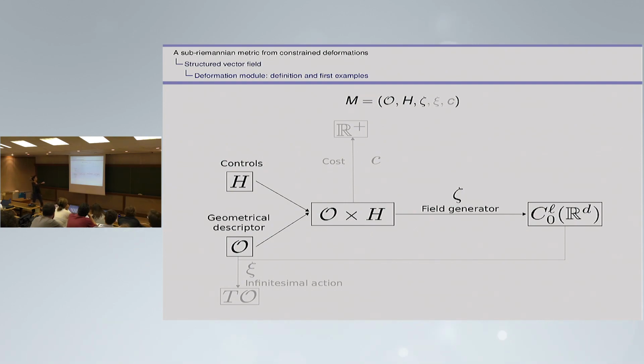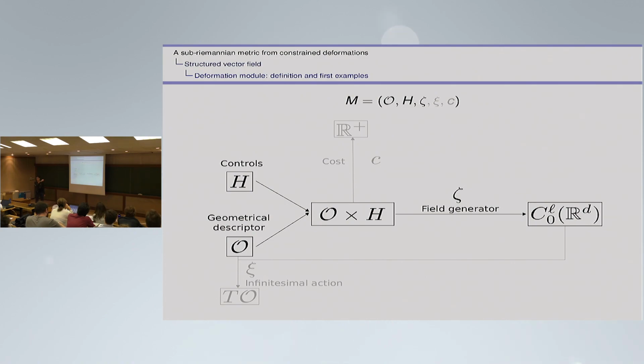As I said, this vector field will be parameterized by two variables. One is a geometric one, and it's called the geometrical descriptor. And I will denote by O the spaces of geometrical descriptors in the rest of the talk. And the second variable is a control variable, really in the sense of control theory. And I will denote by H the space of controls in the rest of the talk.